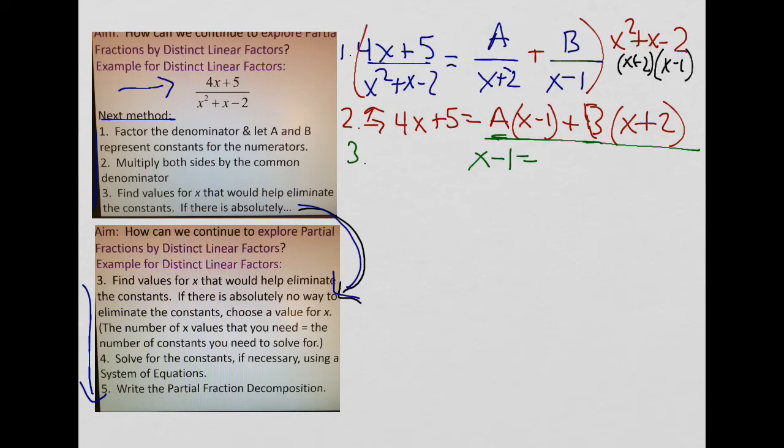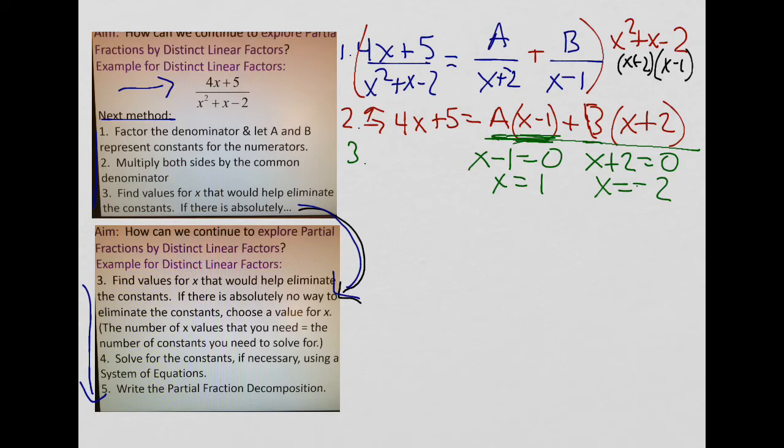Now, over here, x minus 1, if I set that equal to 0 and solve, I get 1. That would make A be multiplied by 0, and that would eliminate it. That's why it's an eliminating technique. And over here, if I take x plus 2, set it equal to 0 and solve, I'm going to use x equals negative 2. We need to use these x values for this problem.